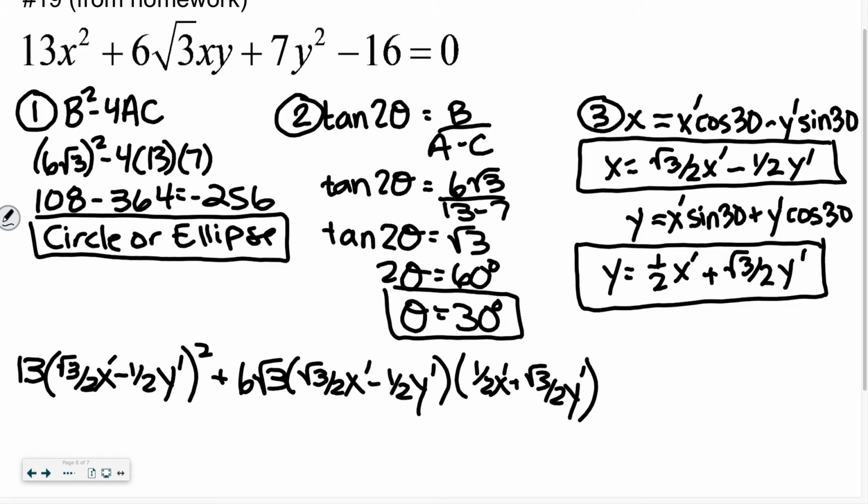It's my xy. Plus 7 times 1/2 x prime plus square root 3 over 2 y prime squared. And then I'm going to move that 16 to the other side, equals 16. Just squeezed it in.